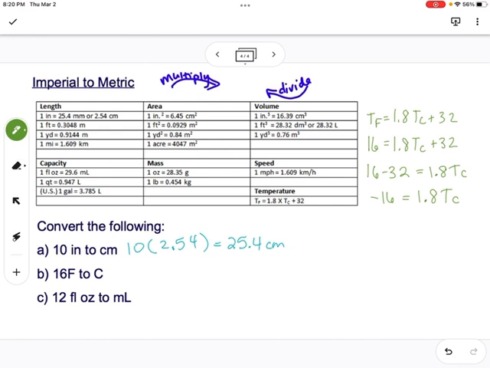And to have the temperature in Celsius by itself, we need to move this 1.8 to the other side. Multiplying over here, when we bring it over, we will divide. So negative 16 divided by 1.8. And that's negative 8.9 degrees Celsius. Okay, or we can round it to negative 9 degrees.